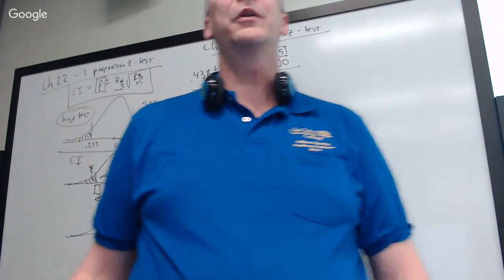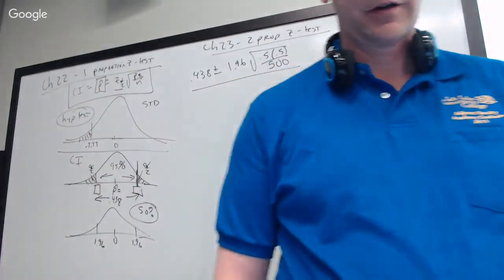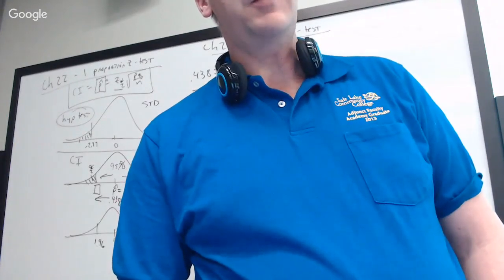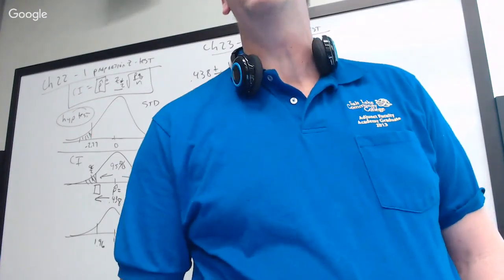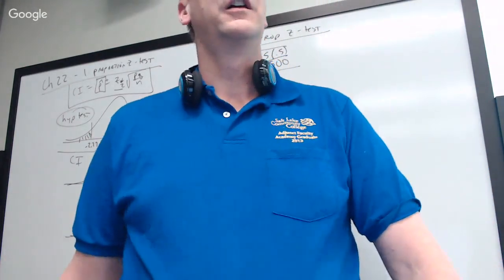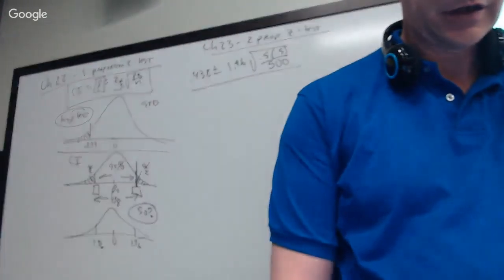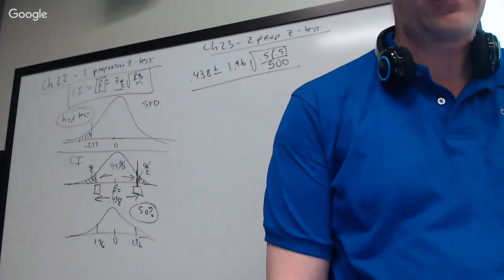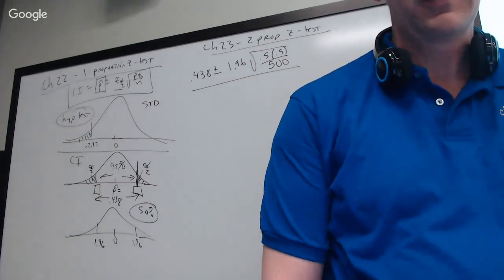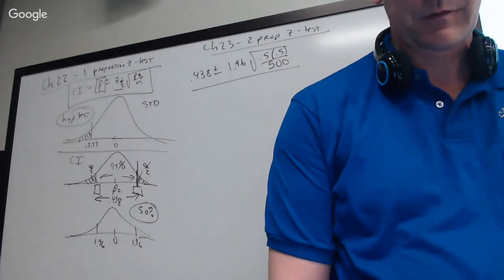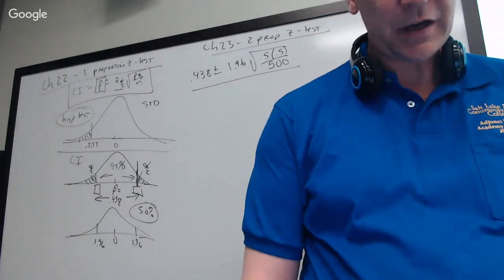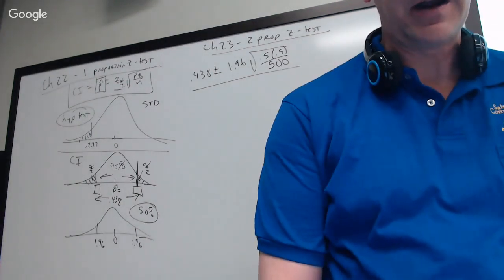Now, here's what I want you to do on your final project. In fact, let's go back to this question. Does this represent that less than half of students are prepared for college math? I want you to only look at the confidence interval to answer that question. Yes, less than half of students are prepared for college math because, why? 50% is not in my confidence interval.